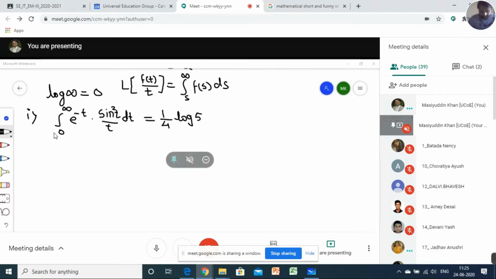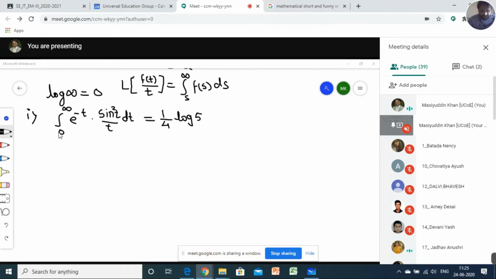Yes, sir. The question is clearly given, that is integral 0 to infinity e raised to minus t into sine square t by t into dt. What will be my first step? The first step is we will take the Laplace of sine square t. Okay, we have to calculate the Laplace transform of sine square t.